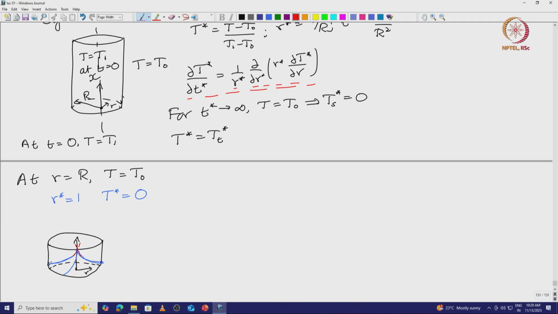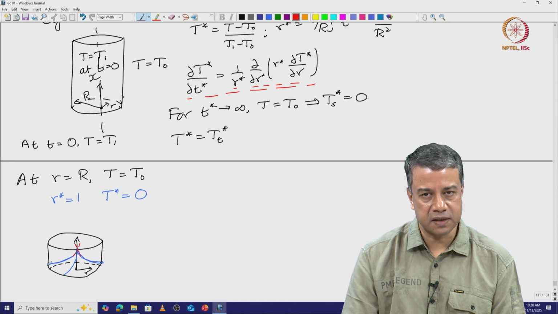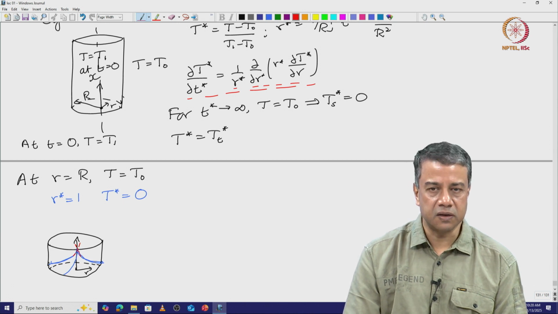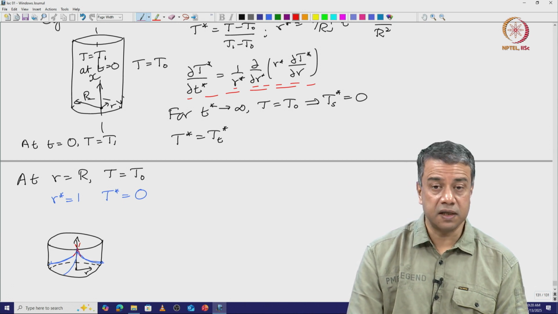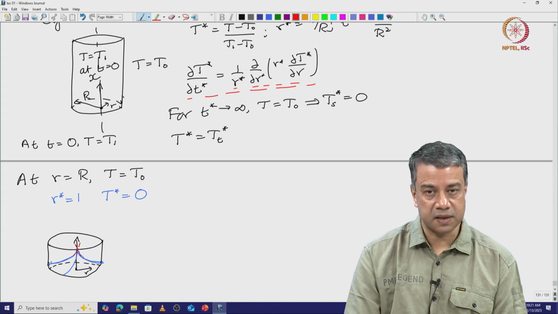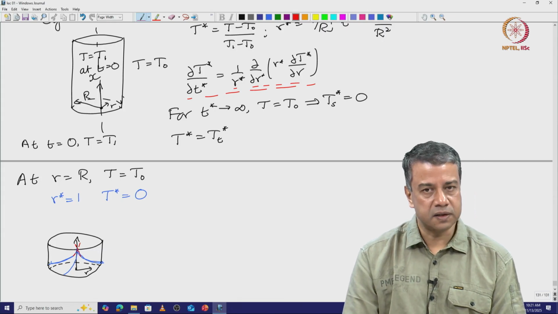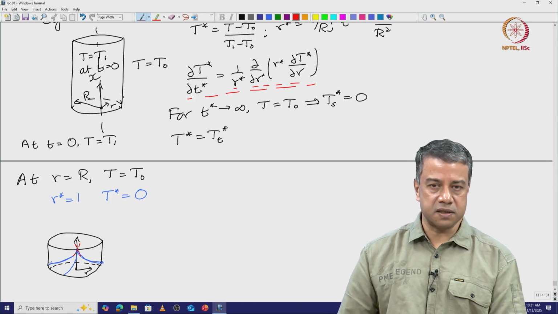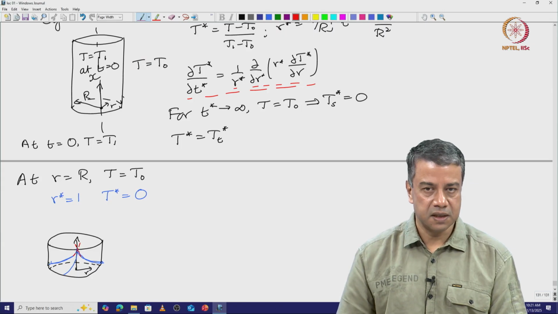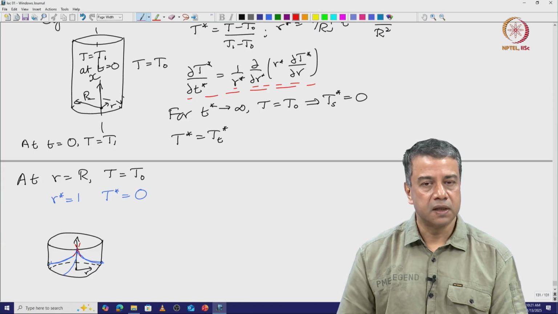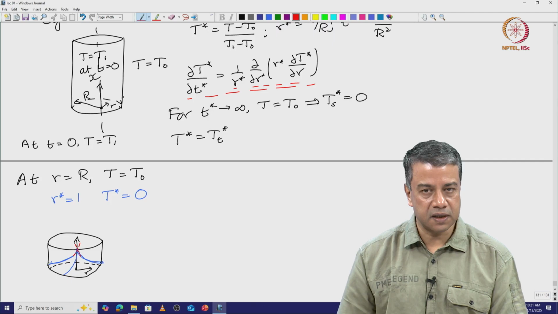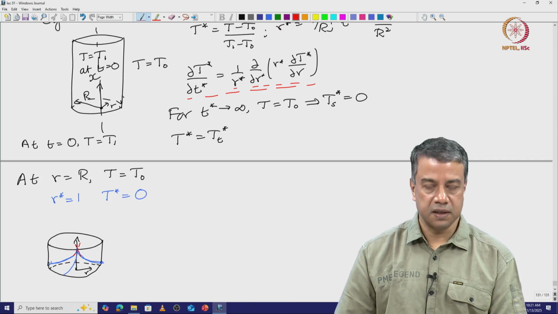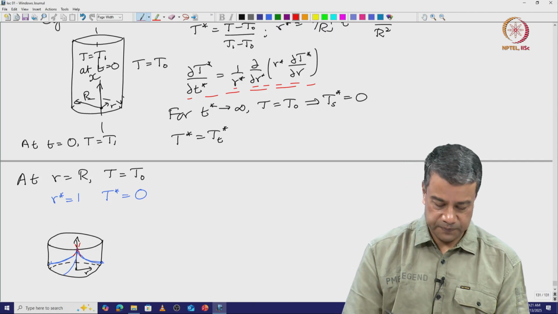Therefore, it is not uniquely defined at the axis, if the gradient is non-zero.